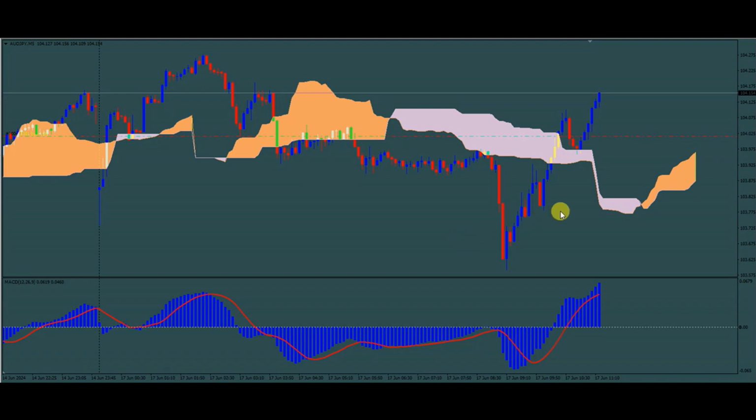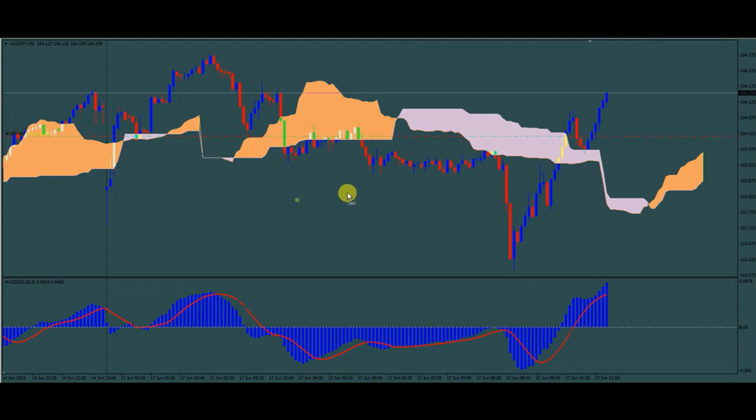So these two indicators are what I'm using for this strategy, and it's working out perfectly well. So without wasting much time, let me share with you the concept. And as you can see in this trade already, I'm already up, and the trade is really moving well.